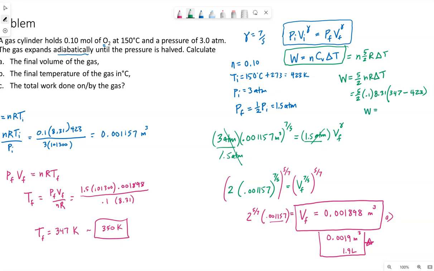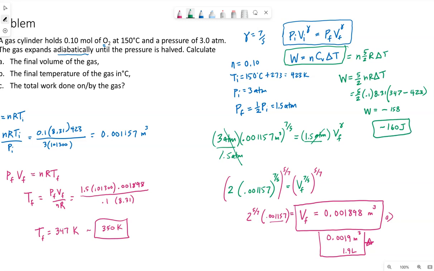So the work is, I'm getting negative 158. So essentially negative 160 joules in terms of two significant figures.